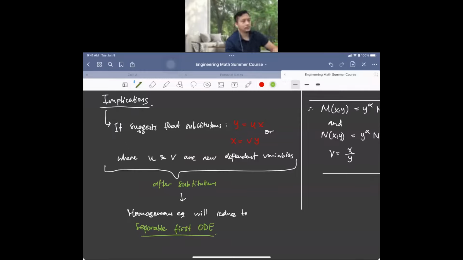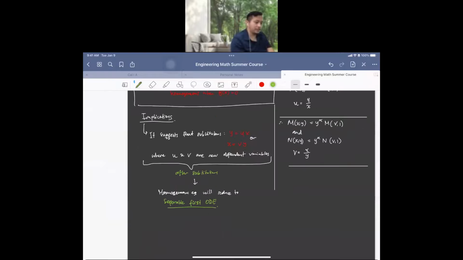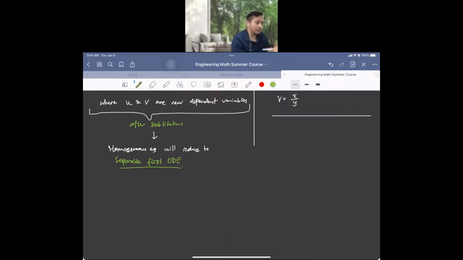Okay, let's observe one illustration, and then I can give you an example of why this happens.